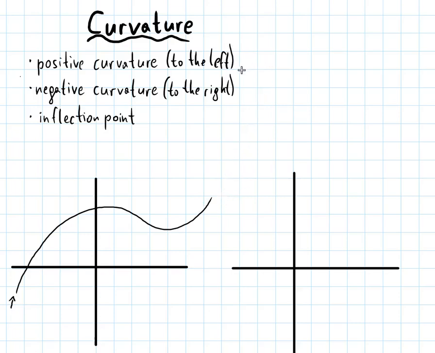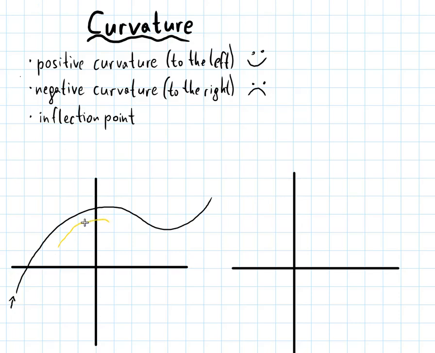By the way, there is a very nice analogy how you can memorize these positive and negative curvatures. A positive curvature looks like this, and a negative curvature looks like that. So we have a negative curvature here and a positive curvature here.